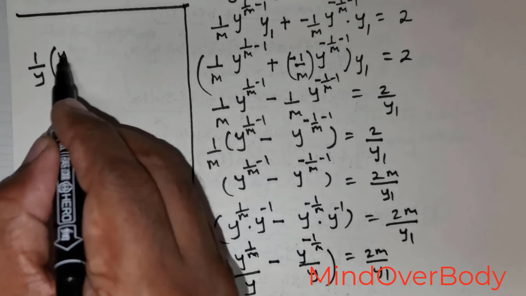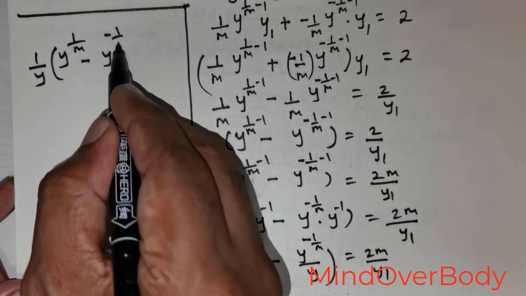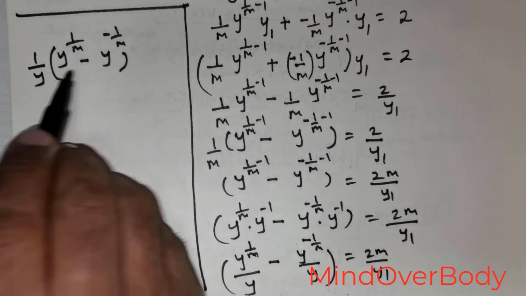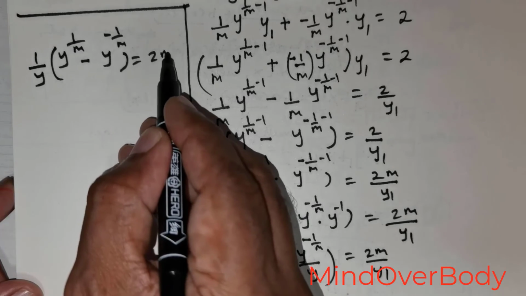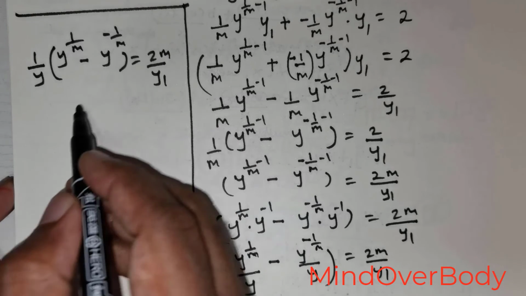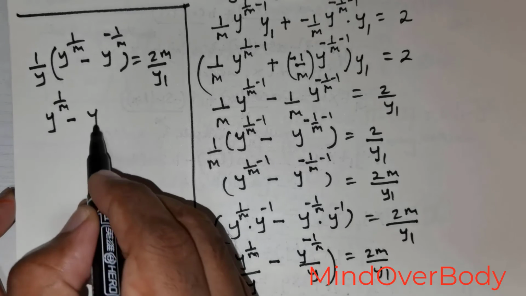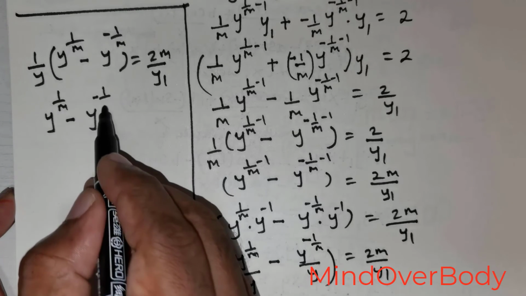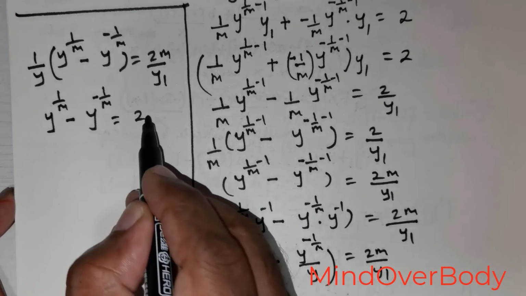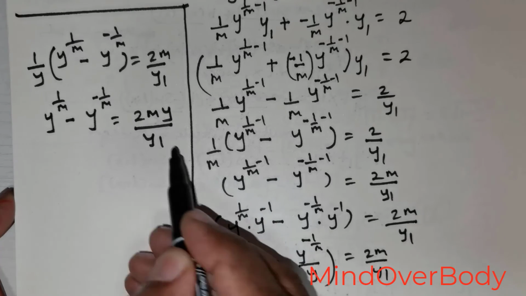That would give me y raised to the power of 1 over m minus y raised to the power of negative 1 over m is equal to 2 times m over y1. Now I can push this y to the other side, so that would give me y raised to the power of 1 over m minus y raised to the power of negative 1 over m is equal to 2 times m times y divided by y1.